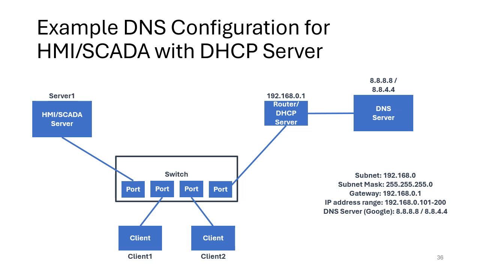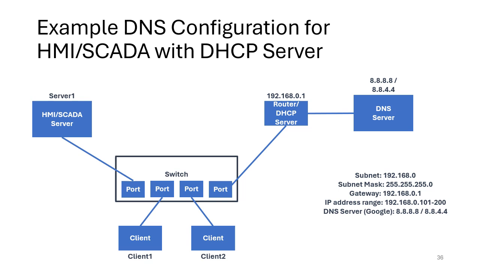So the primary server would be configured within your computer as 8888, and the backup server is 8844. And to be precise, I should use the dots between them, which is part of the IP addressing range. So it should be 8.8.8.8 or 8.8.4.4. So those are actually configured in the DHCP server, so they're automatically populated inside the HMI SCADA server and the client.